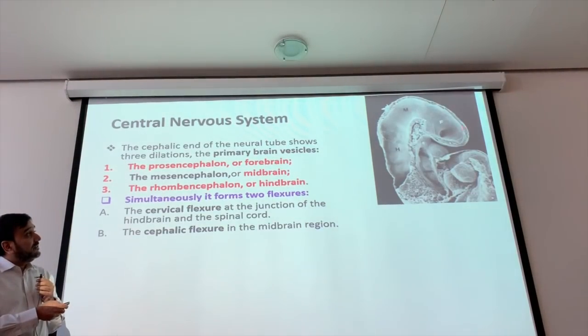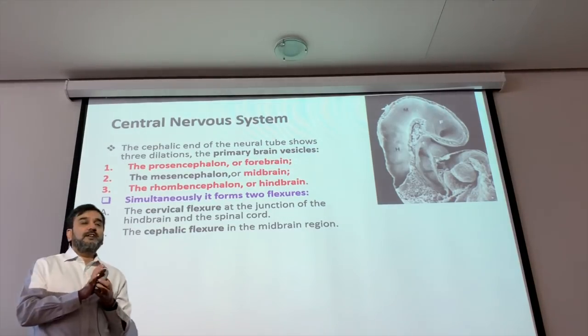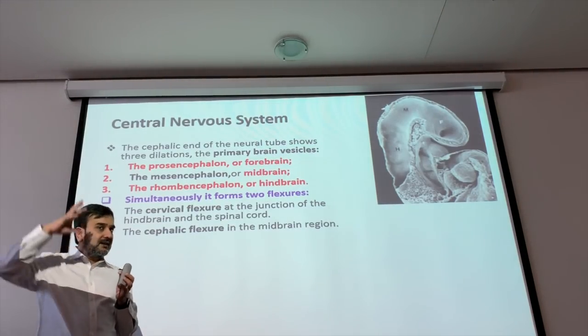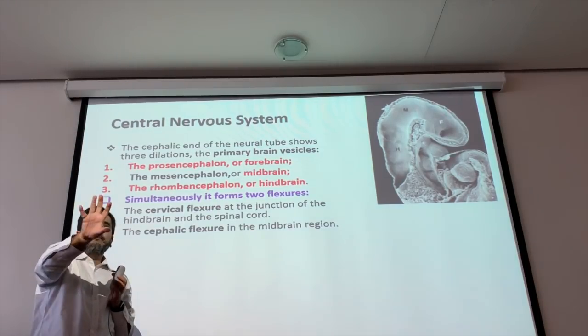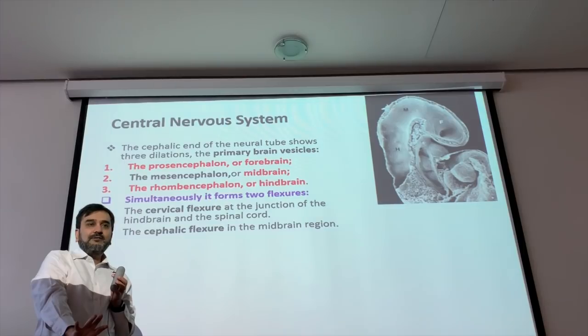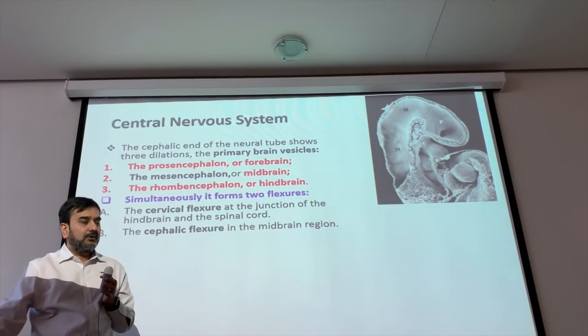So there are 3 vesicles which you can see: forebrain, midbrain, and hindbrain. There are 2 flexures which are going to develop. And the later part is going to give rise to the spinal cord.